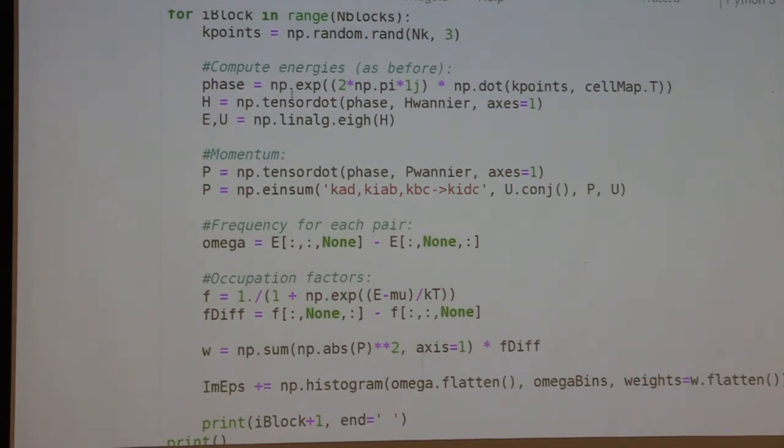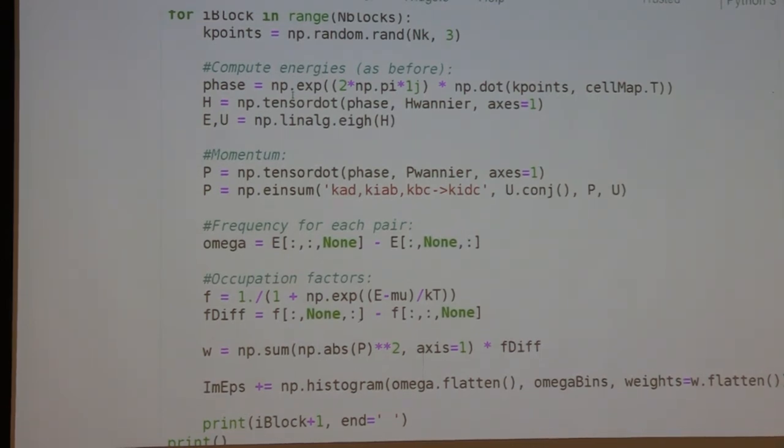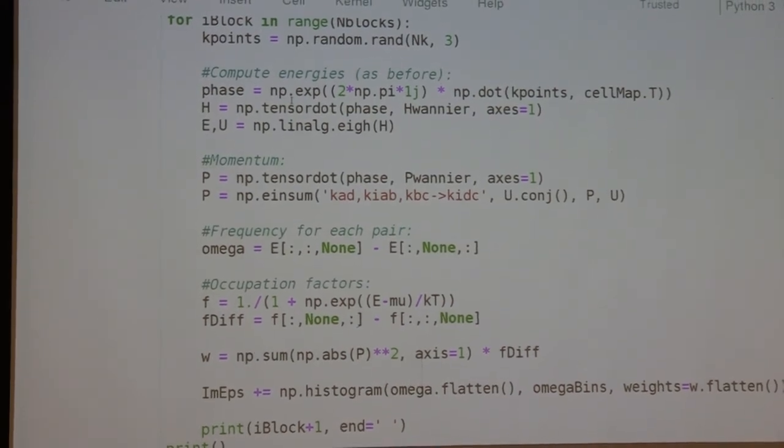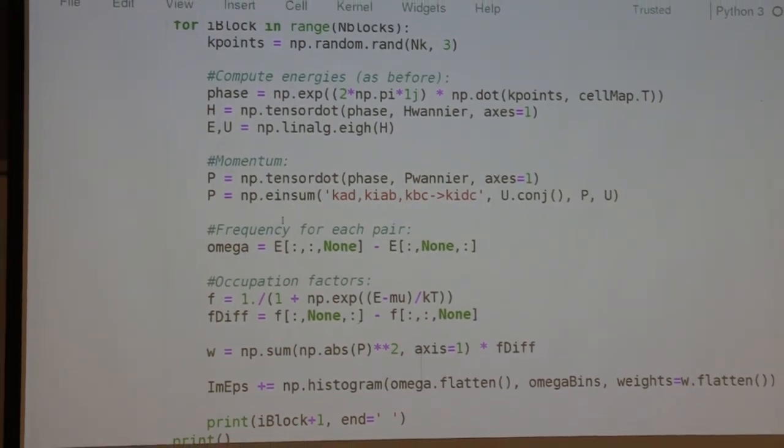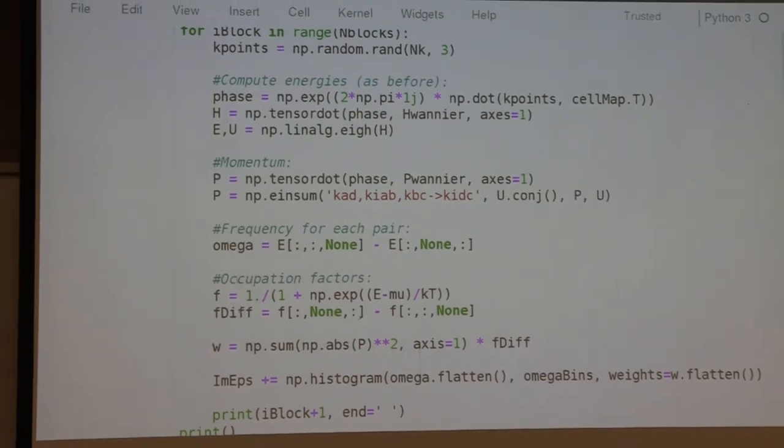Okay, so the operations I did were to figure out the matrix element, first doing the Fourier transform, then doing the unitary rotations to bring it to the eigenbasis of the Hamiltonian, right? And after I did that, in calculating Fermi's golden rule, I had the difference between the frequencies, the difference between the energy.